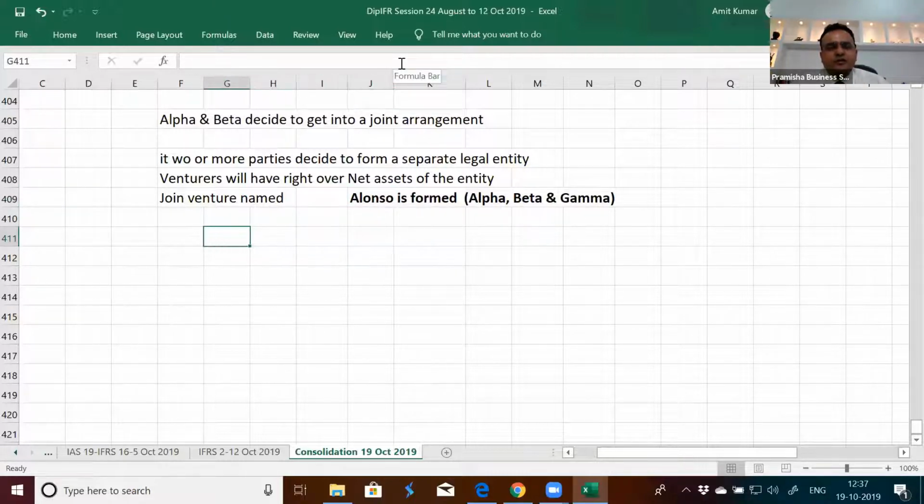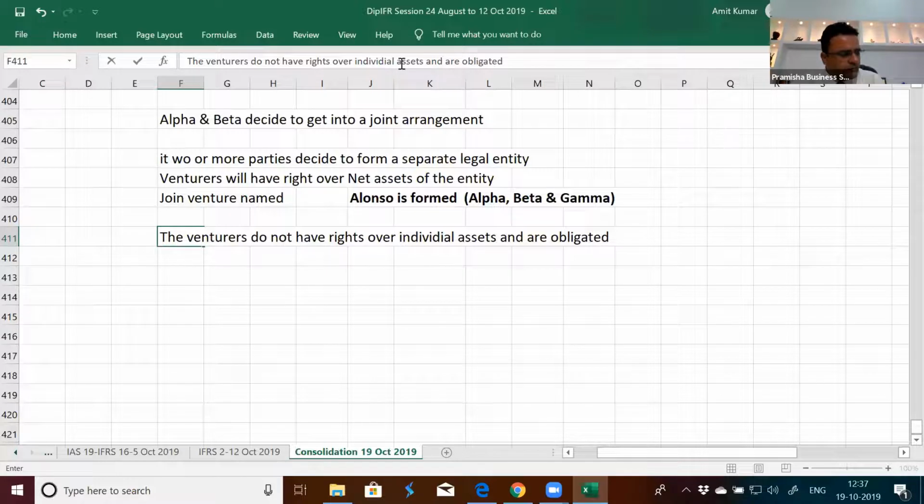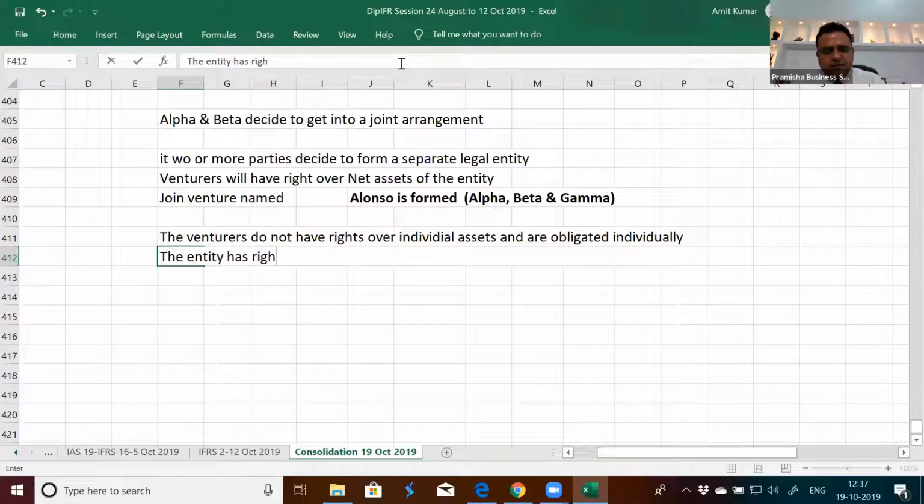In case of a joint venture, the venturers do not have right over individual assets and are not obligated individually. The entity has rights and obligations.